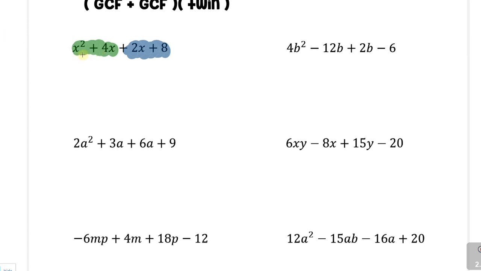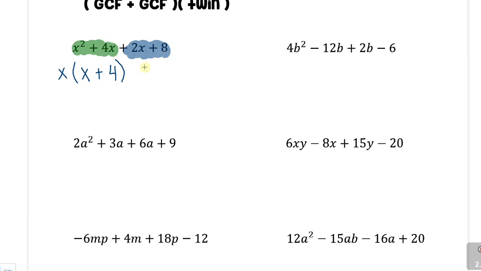Greatest common factor between x squared and 4x. They both have an x in common, so we're going to factor it out. Divide it, so we're going to get x plus 4.